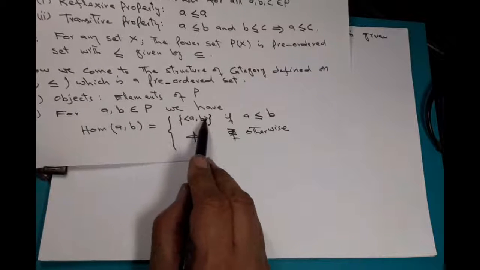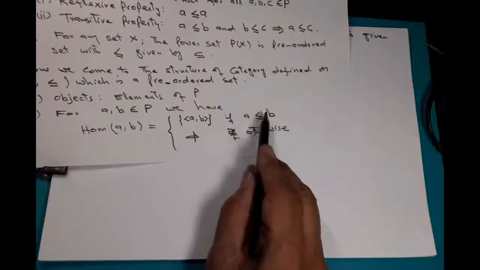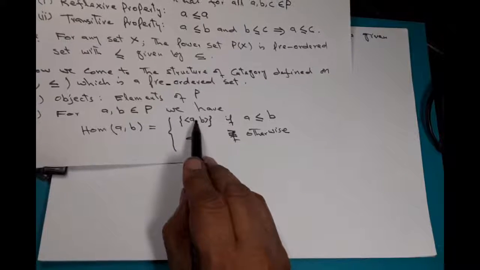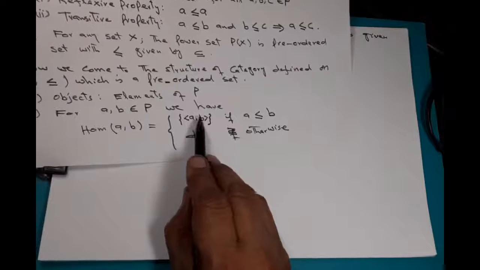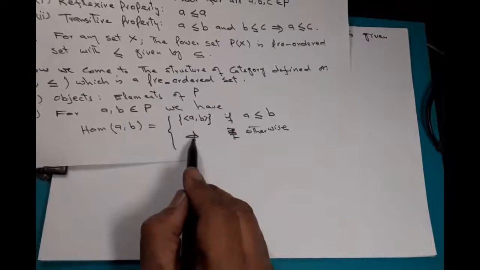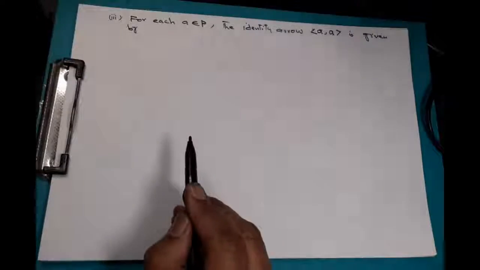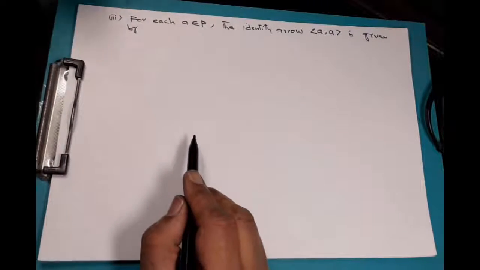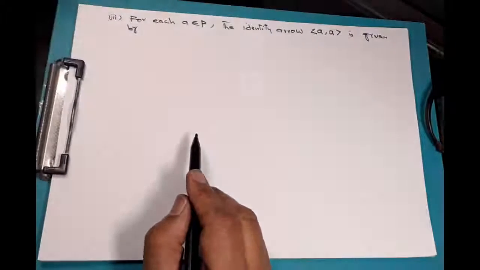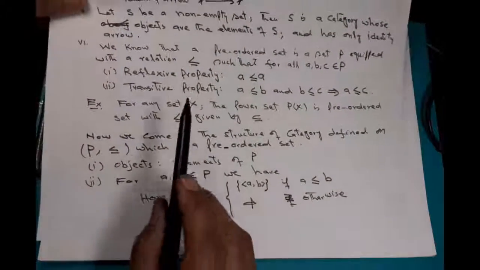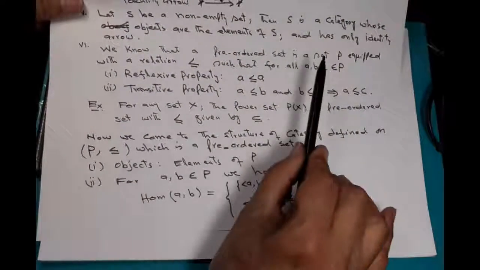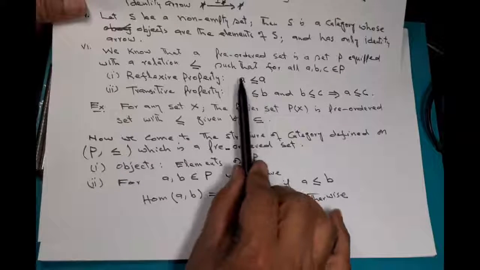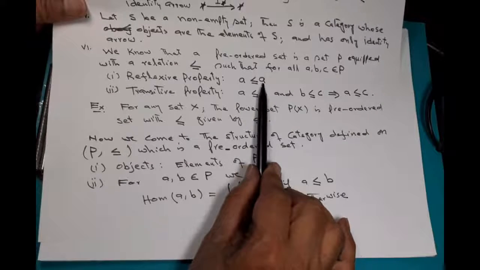This is an arrow if A is related with B. If A is related with B, then this is an arrow. And if A is not related with B, then this is empty. There is no arrow in that case. So for identity arrow, note that our reflexive property says that for any element A belonging to P, A is related with A.